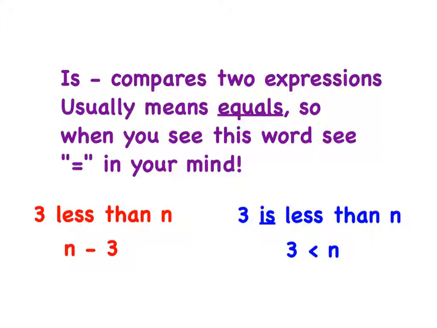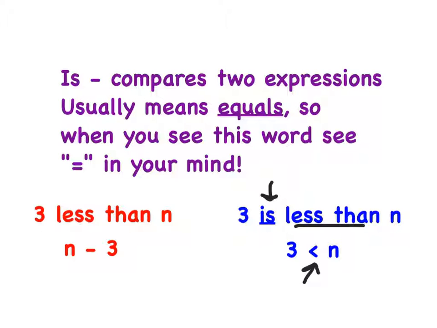However, if we put the keyword is in the mix, if we say 3 is less than n, we are combining is with less than to make a comparison statement. So we write that comparison using the less than symbol. 3 is less than n.